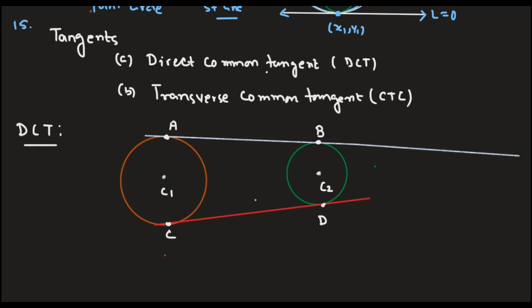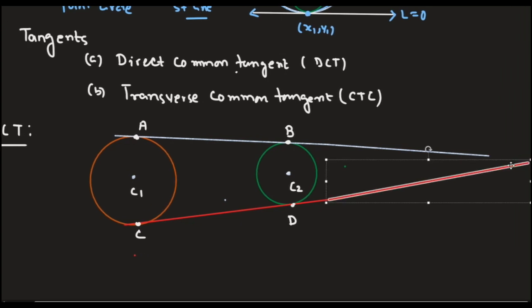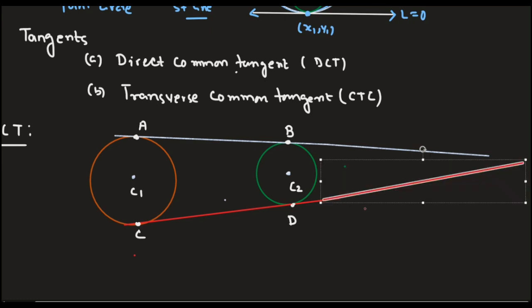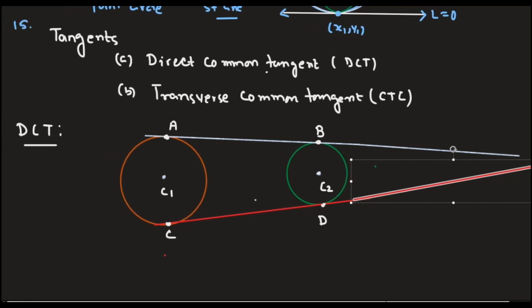And if you increase the red line also, you notice that they will intersect at some points, like this. No need to go that side, no need to require it. Actually, they will intersect at some points.